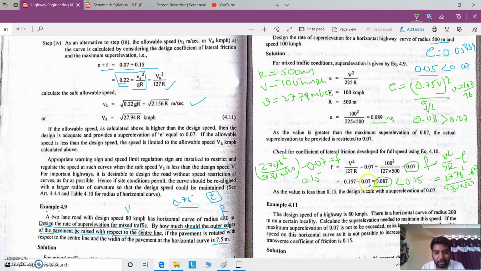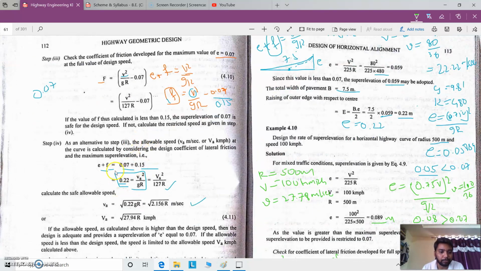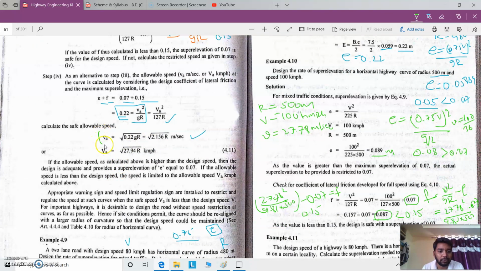If it is not less than 0.15, you may have to consider the next step as restriction of speed by considering f as 0.15 and e as 0.07. Then proceed with this step. Here Va has to be considered.